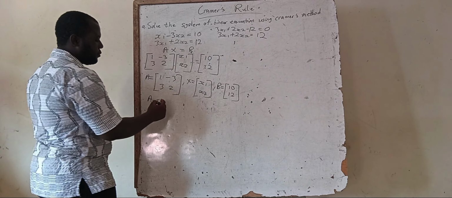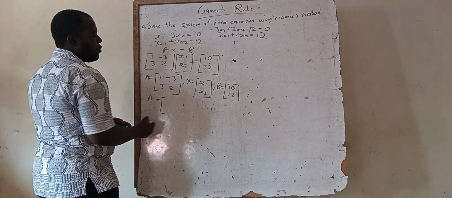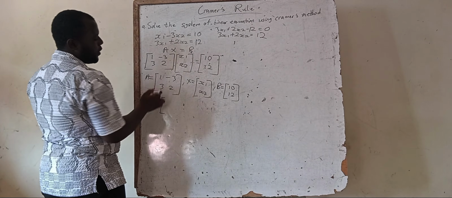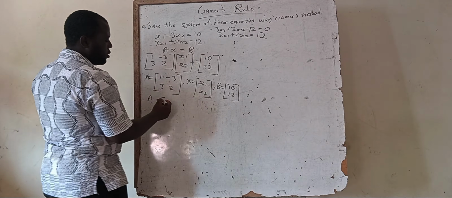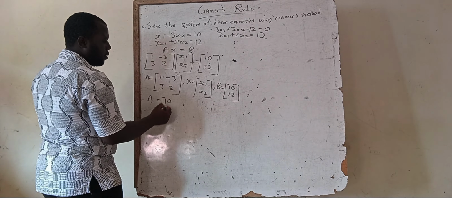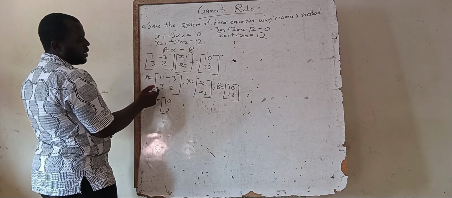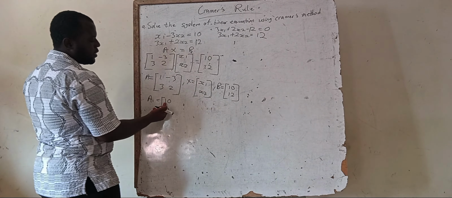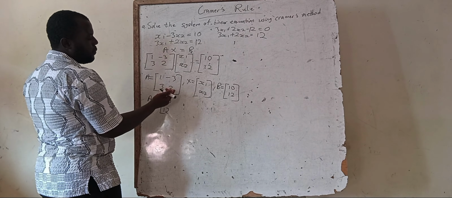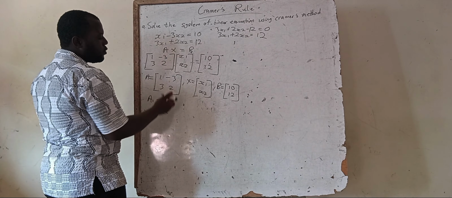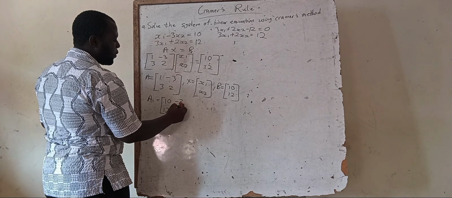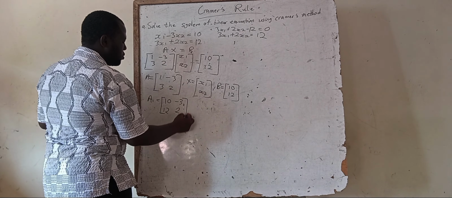A1 will be replacing the first column with 10 and 12. So we have replaced 1 and 3 with b, which is 10 and 12. Then we keep the one we did not replace. It will be negative 3, 2.